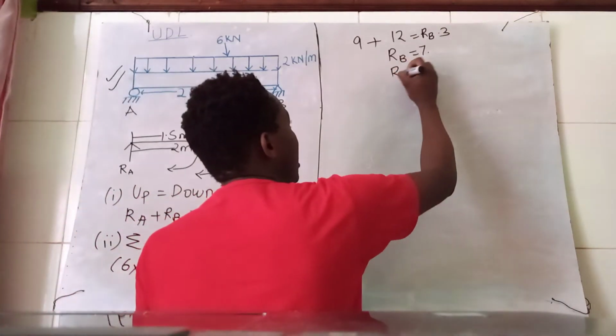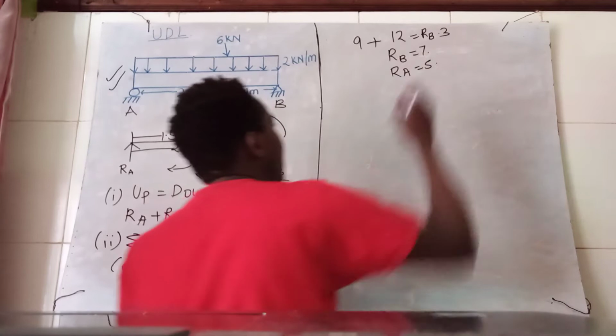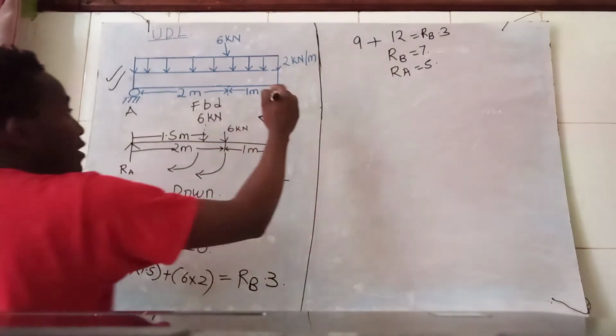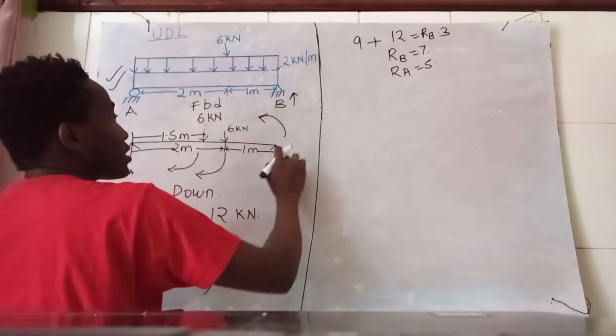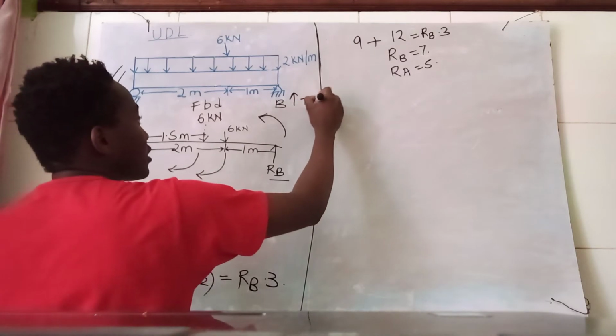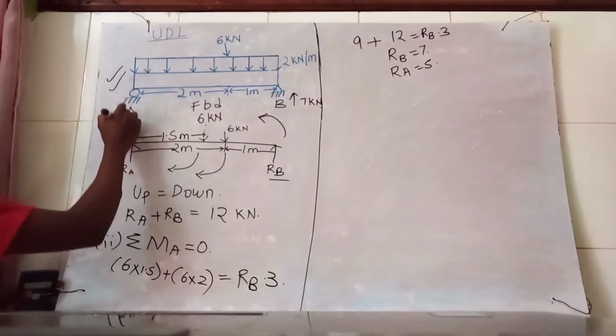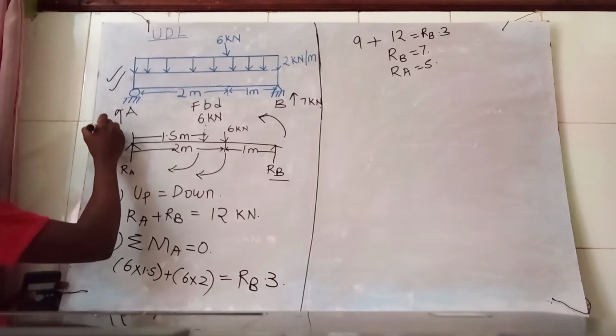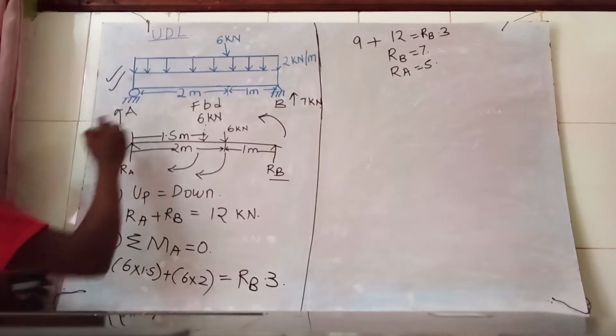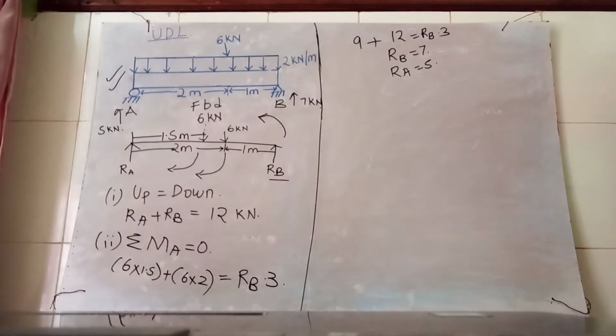That means RA is going to have a value of 5. Therefore, the reaction force RB is 7 kilonewtons, and the reaction force RA is 5 kilonewtons. So up to that point, we have done quite well.